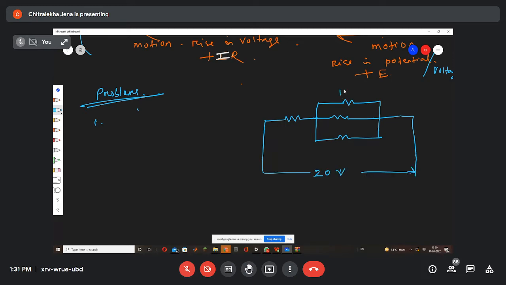This is 15 ohm, this is 15 ohm, this is R ohm, this is 10 ohm. You tell me, what is the value of R? Find out the value of R.